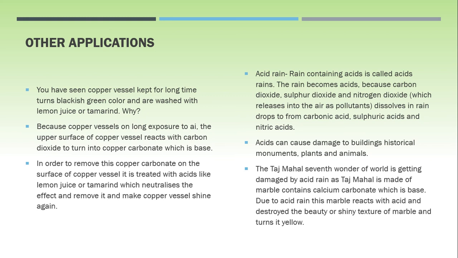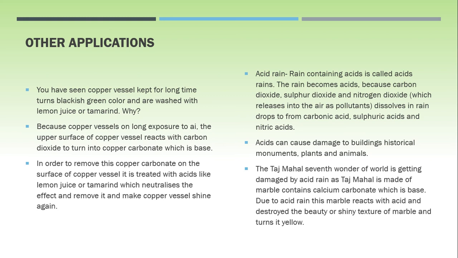The calcium carbonate in the marble will react with acid rain, and as a result it will destroy the beauty or the shiny texture of the marble and turn it yellow. You have seen that the Taj Mahal is slowly getting corroded and turning yellow because of this acid-base reaction.